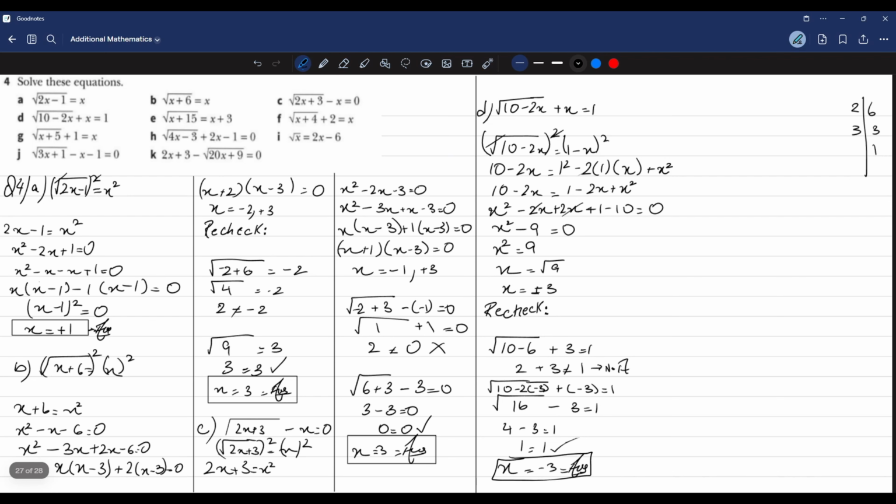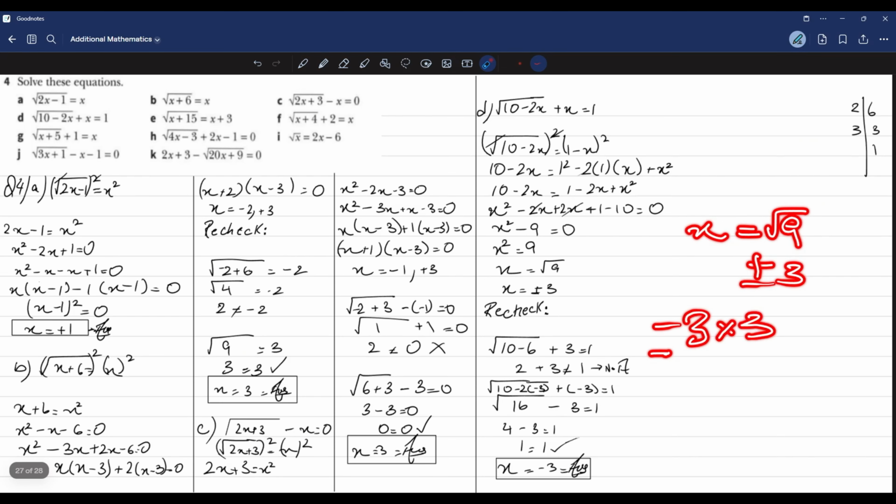And secondly, the importance of the topic we just discussed, positive and negative 3. The basic concept behind this is, for example, we have something like x equals under root 9. Why do we say that this is equal to positive or negative 3? The fact is that negative 3 multiplied by negative 3 creates positive 9.